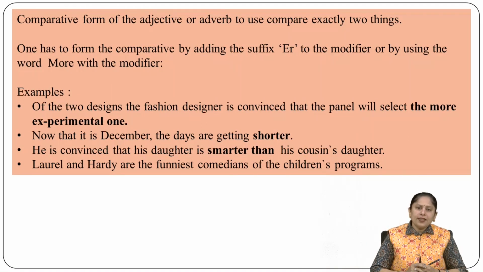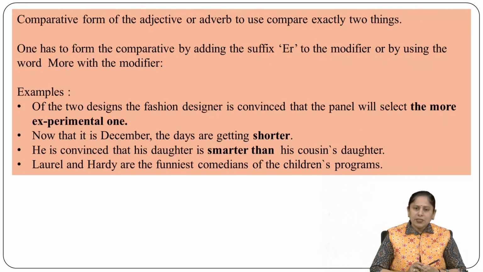Of the two designs, the fashion designer is convinced that the panel will select the more experimental one. The more experimental one. Of course, this is a modifier. It modifies the word, the more experimental one, the adjectival modifier.